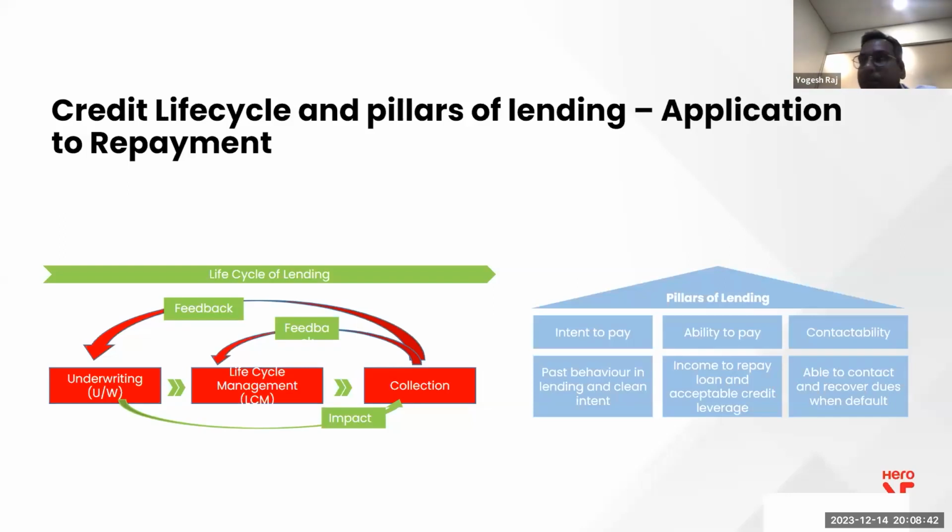Once the customer has got the money and has started repaying or interacting with my product, customer life cycle management becomes very important. For example, if the customer needs more money, why should he or she not take it from me, if the credit risk allows that?